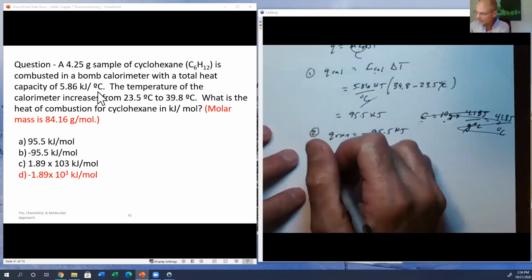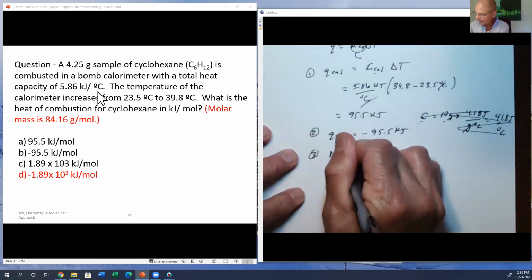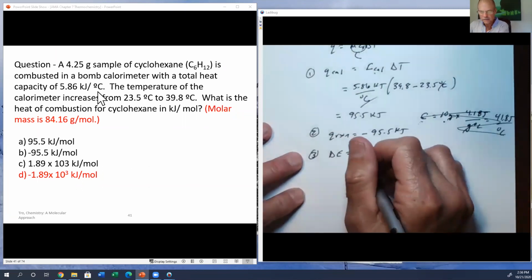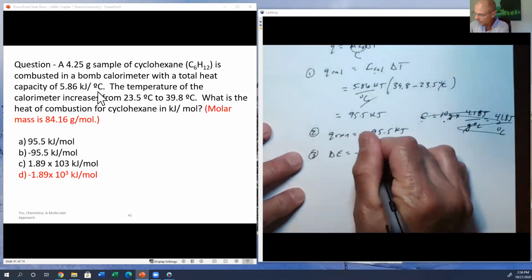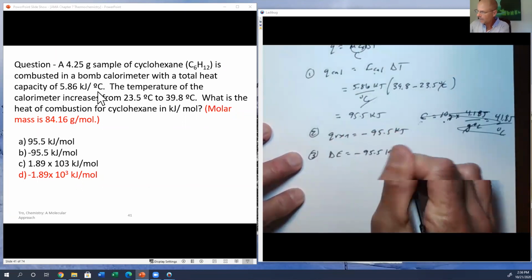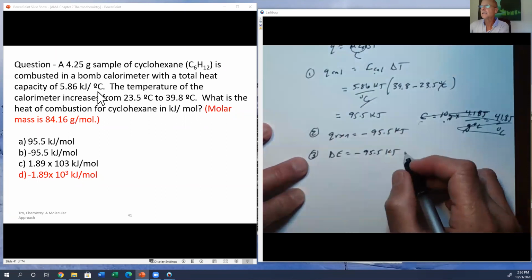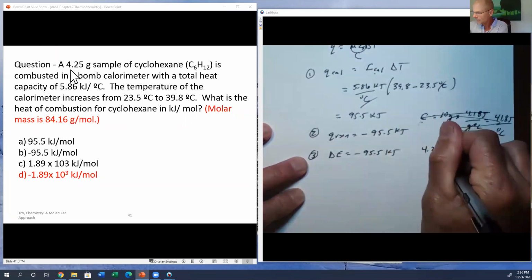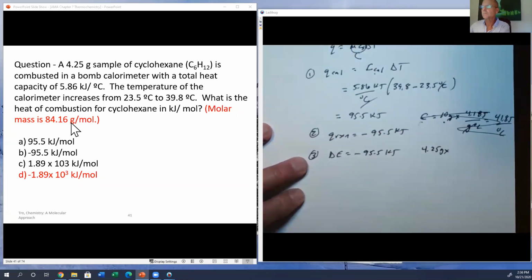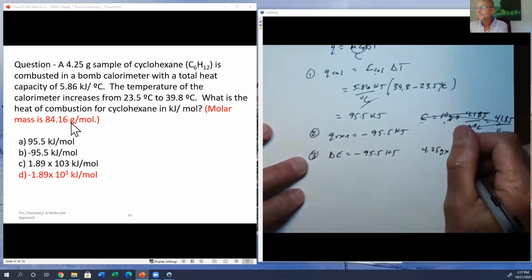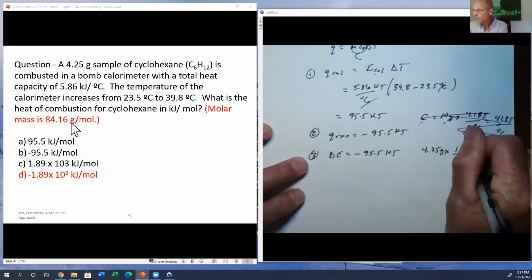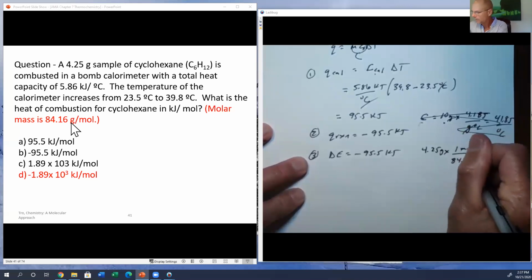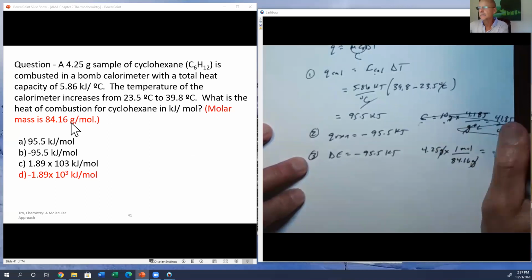And then delta E is going to be equal to this divided by the number of moles. And the number of moles is the given mass, 4.25 grams, times the molar mass, 1 mole over 84.16 grams, and that's going to cancel, and that gives us 0.0505 moles.